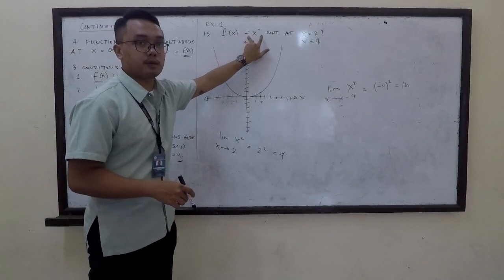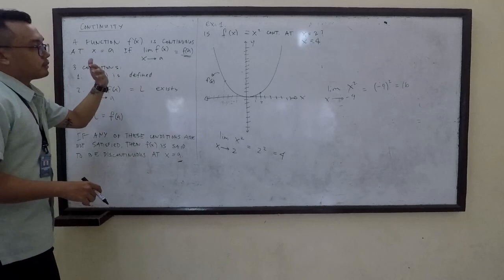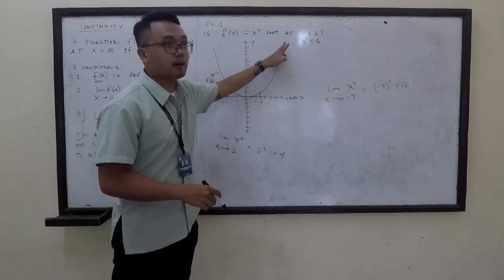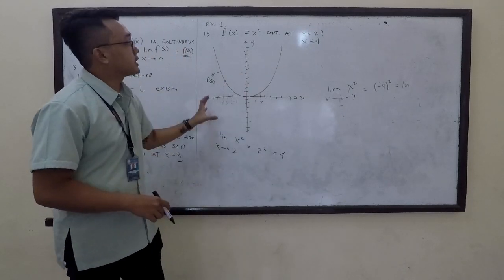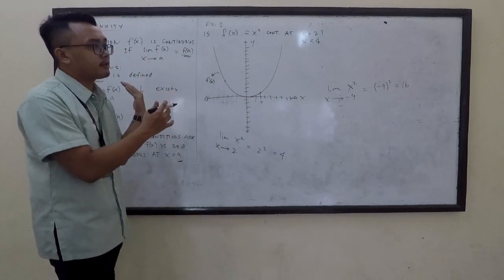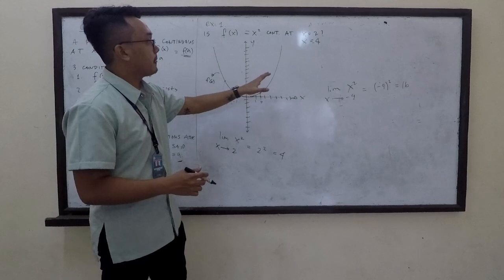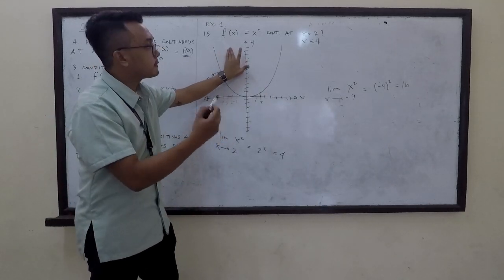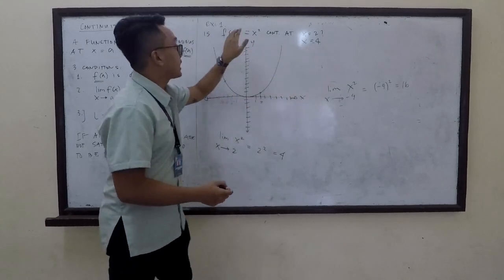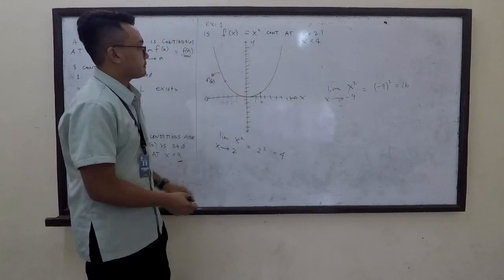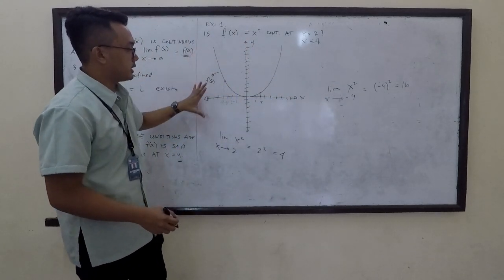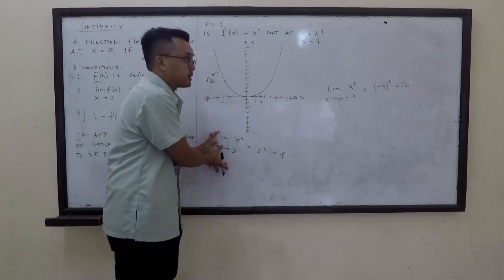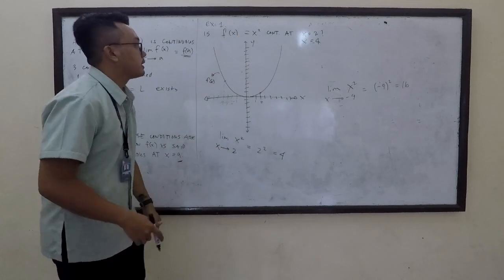There is no part of the number line that it skips. So it is always continuous, from negative infinity to positive infinity. That is the graphical representation and the limits representation of continuity.